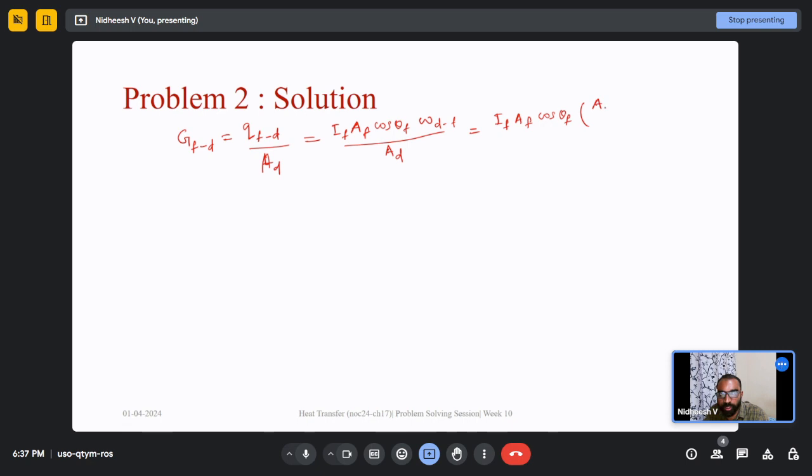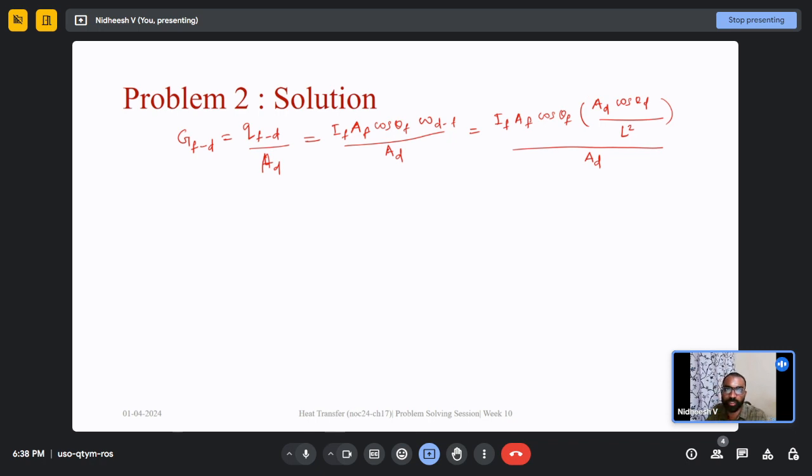Area of the receiver, that is detector, multiplied by cosine of the angle at the detector divided by the distance square, right? Whole divided by AD. Okay, now AD and AD will cancel out. Is this much part clear?